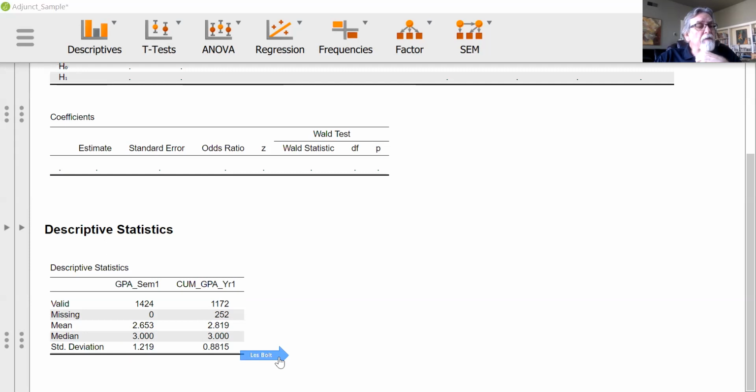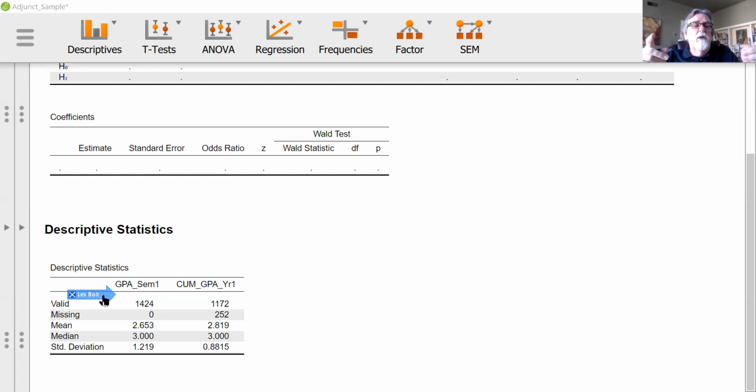So if I were to ask what would represent the middle 95% of scores for the first semester GPA, thinking about the normal distribution, that means it would be the mean minus 2 standard deviations on the low side, and the mean plus 2 standard deviations on the high side.